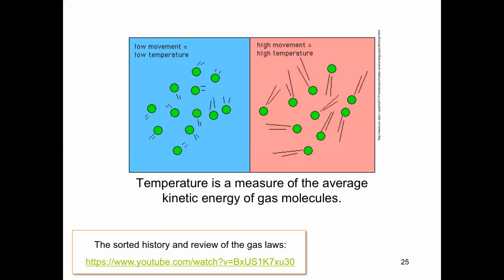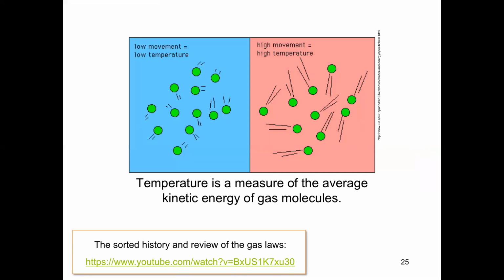Now remember, this is just to reiterate what temperature is. Temperature is a measurement of the average kinetic energy of the gas molecules in a container, and it's because of how frequently and how hard they're hitting the side of the container. So the kinetic energy is being measured when you're looking at temperature.